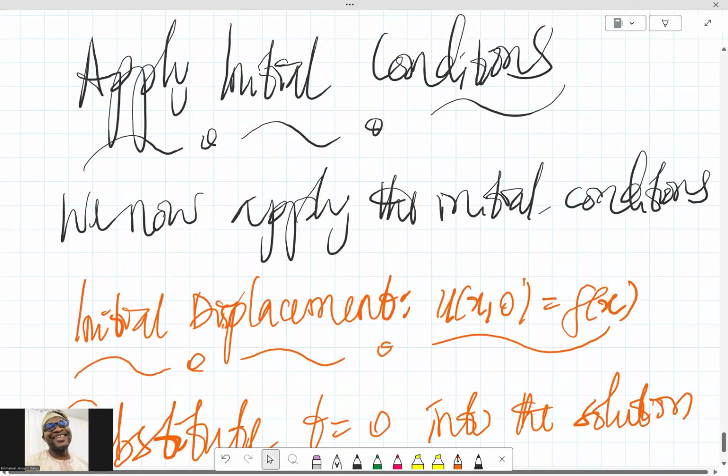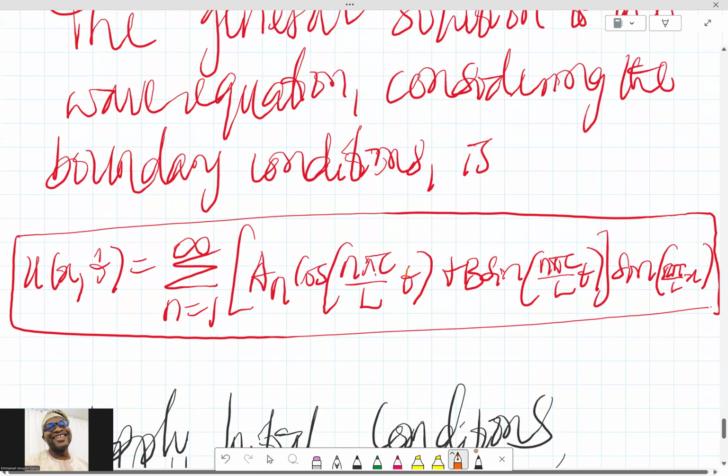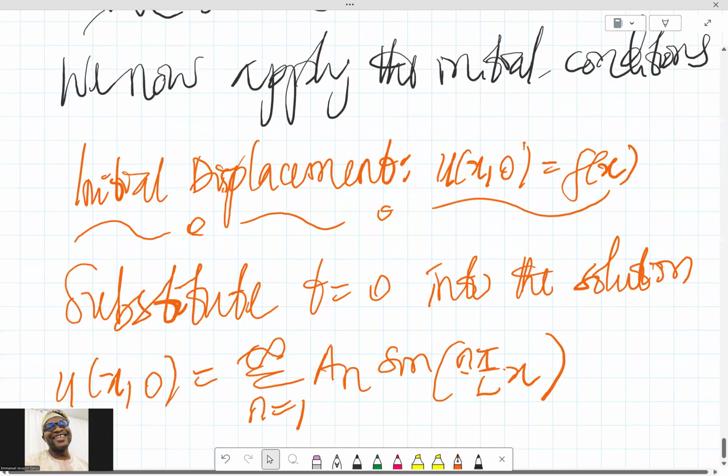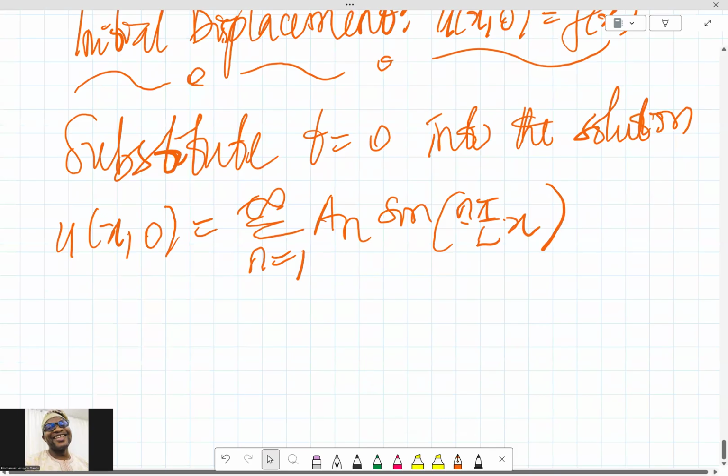Because t is 0, this is cos 0, so you just have a_n. The whole of the rest is gone, and we just have a_n sin(n pi x over L).